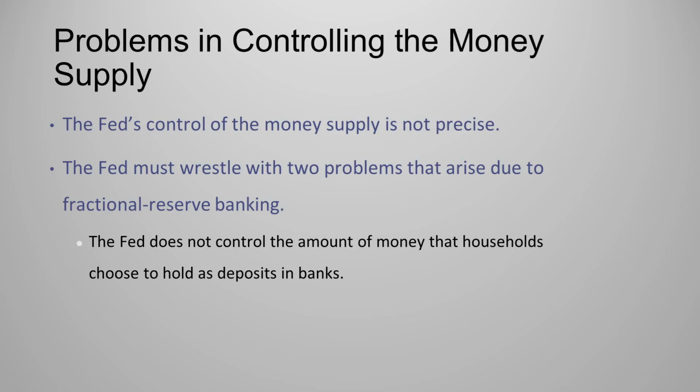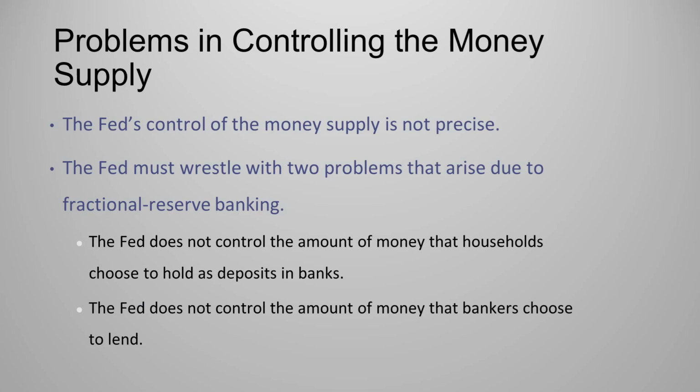The second problem the Fed faces is the Fed does not control the amount of money that bankers choose to lend. Again, lending or giving out the money as loans. Since this is a decision by the commercial banks, how much money they are willing to lend out to consumers or to people, the Fed or the central bank cannot control that.